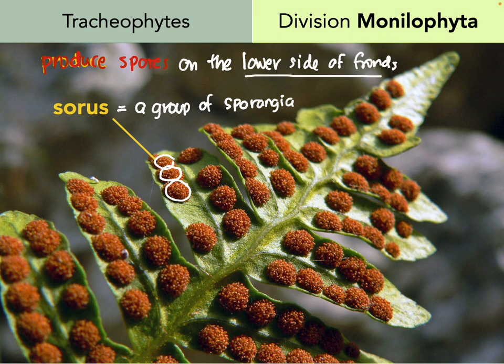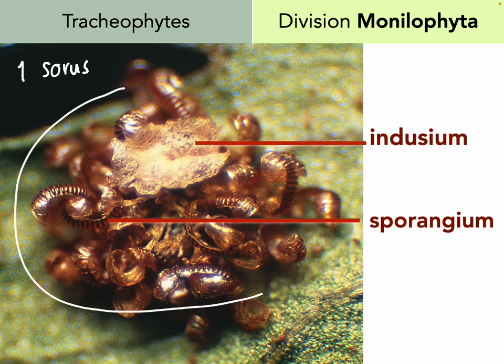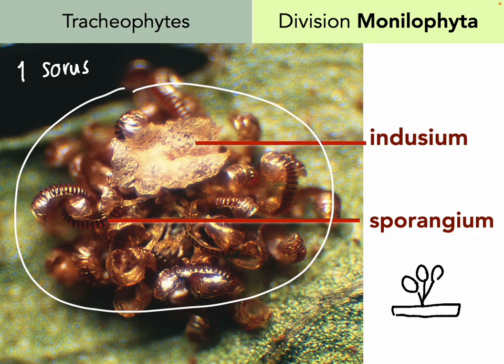If you flip it open, that's how you know it's a fern. It's a group of sporangia. And this is one sorus. Like this is one sorus. So you see a bunch of sporangia put together. So you can think of a sorus looking kind of like this. One sporangium, two sporangia, three sporangia, four sporangia.